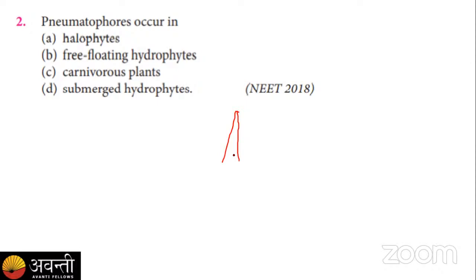These conditions are found in marshy areas, where we have waterlogging, and we know wherever waterlogging takes place, the concentration of salt increases. They are found in marshy regions, right? So in marshy regions we have waterlogging, and that waterlogging causes high salt concentration, right?